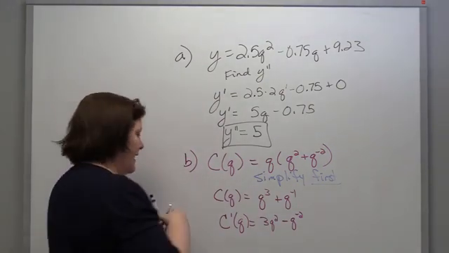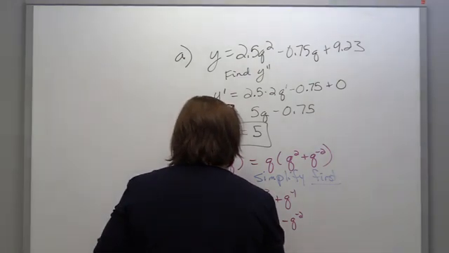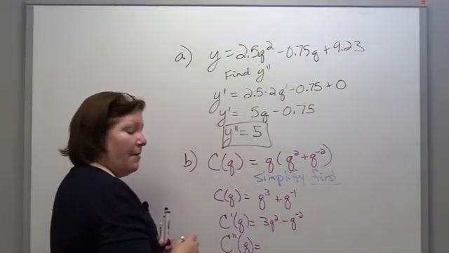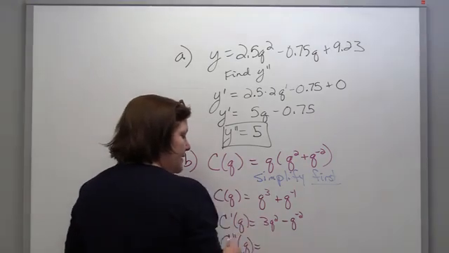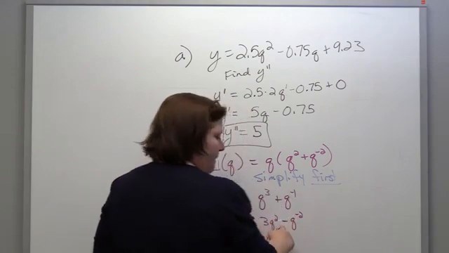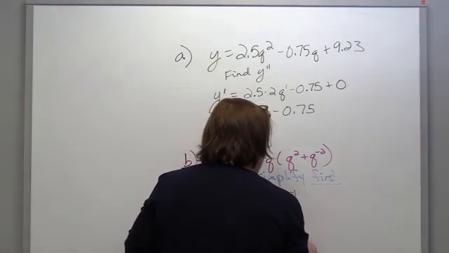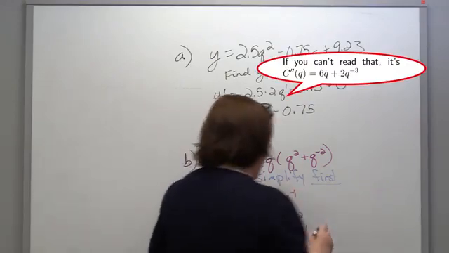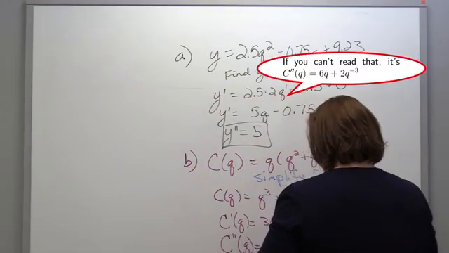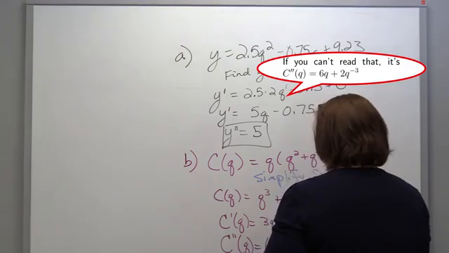Now we're asked to find the second derivative. And using our power rule on each of these again, we're going to have 6q plus 2q to the negative 3. Some scratch work we might write in between, and don't be afraid to write this.